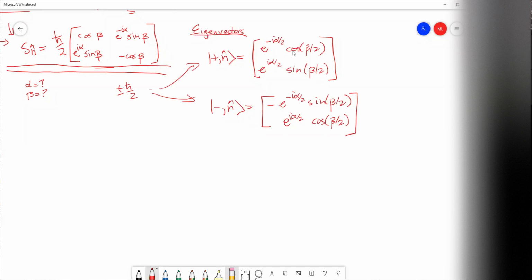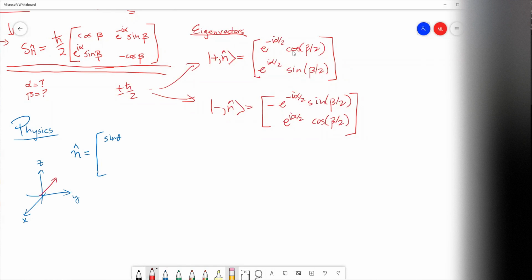Okay, so let's now try to see what alpha and beta are by applying some physics. So what's the physics? In general, any direction that we pick, we can parameterize with spherical coordinates. Any n hat will have some spherical coordinates.